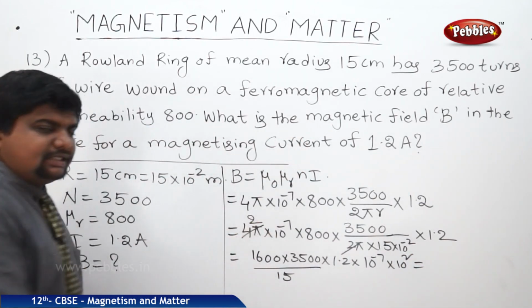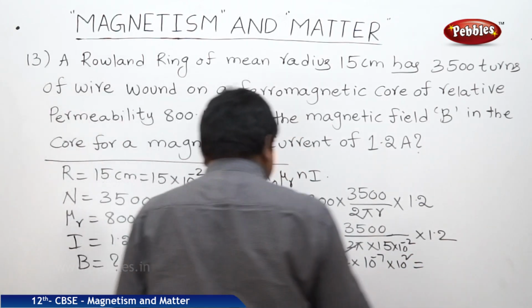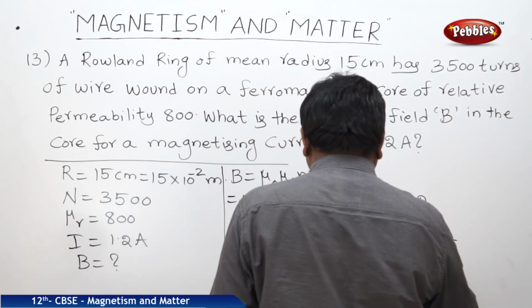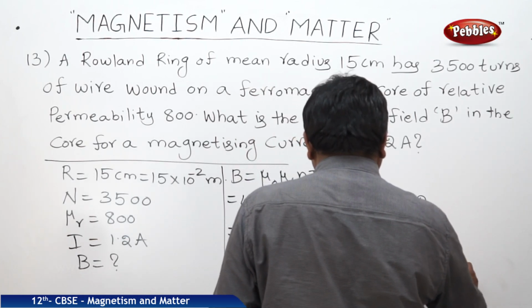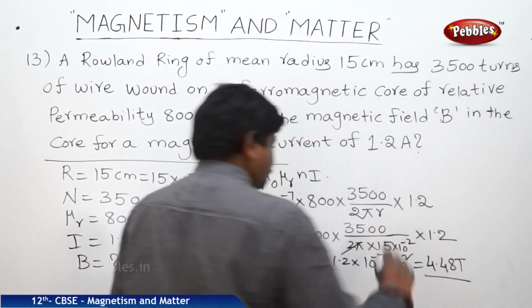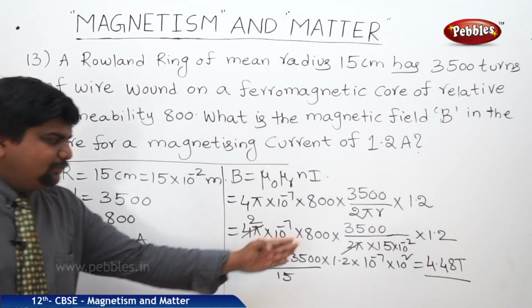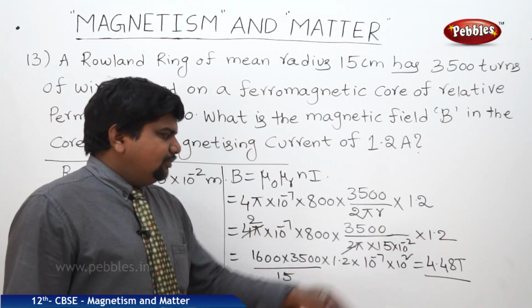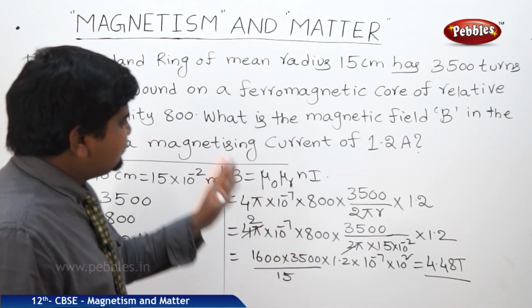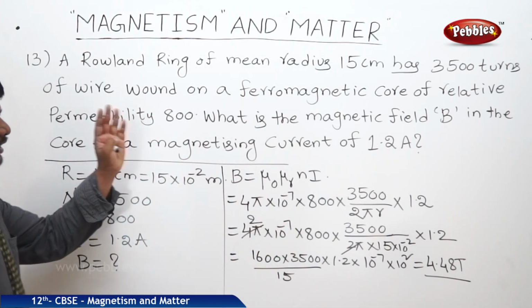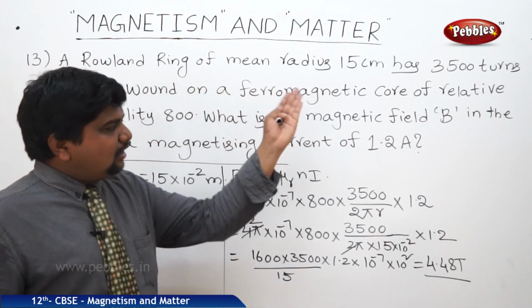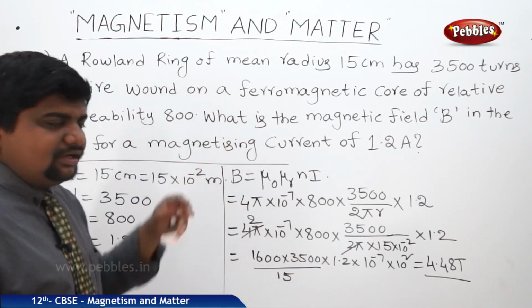If you do the calculation, we will get approximately 4.48 Tesla. So that is the magnetizing field value in this Rowland ring of this radius and mean values.